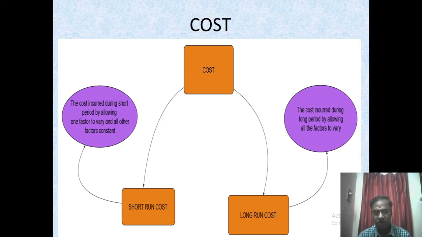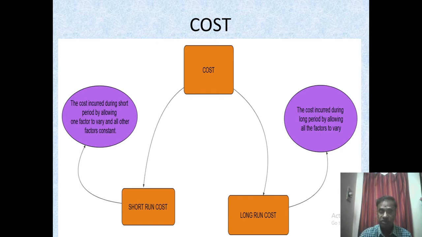But in the long run, all the factors can be varied. During the long period, we can increase the quantity of land, we can increase the quantity of all the factors. Those are known as long run costs.